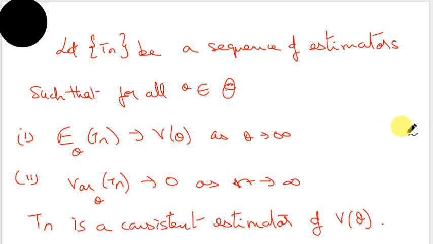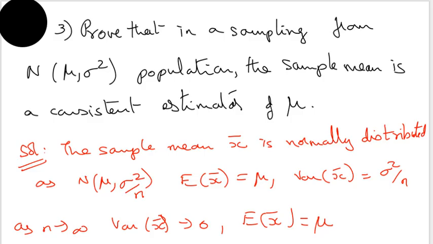Okay, so this is what we want to establish. So I repeat once again, E of Tn tends to v of theta as n tends to infinity, and variance of Tn with respect to theta will tend to 0 as n tends to infinity. How did I get this?